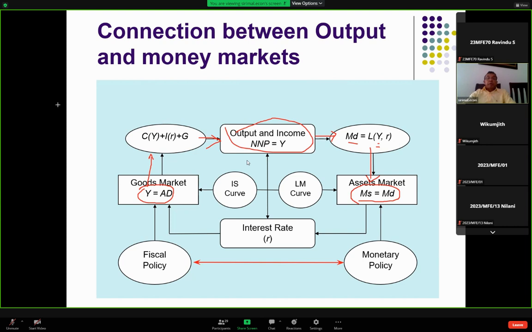And then we have something else called shocks. Shocks also affect both of our markets.